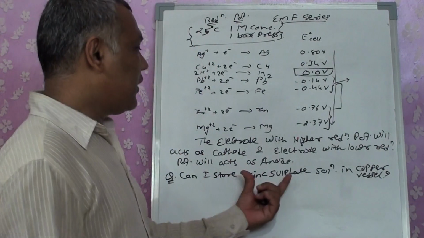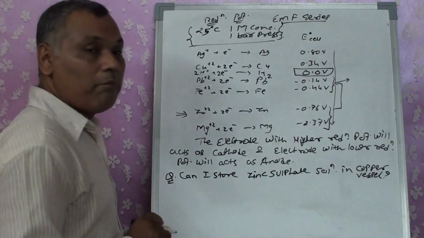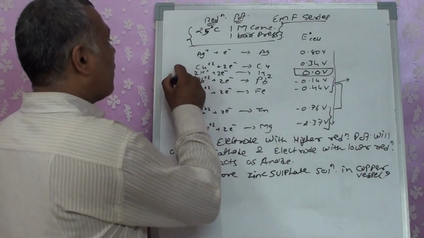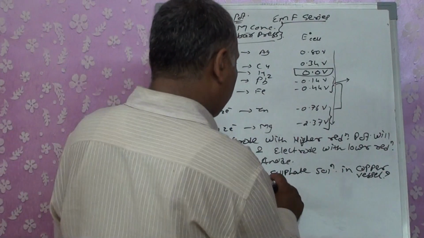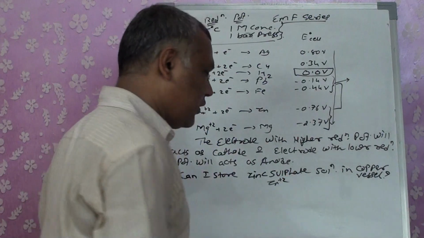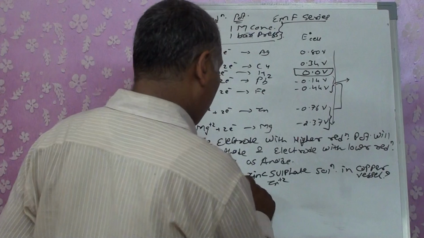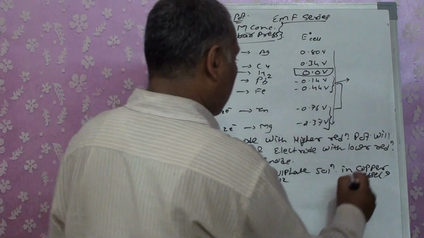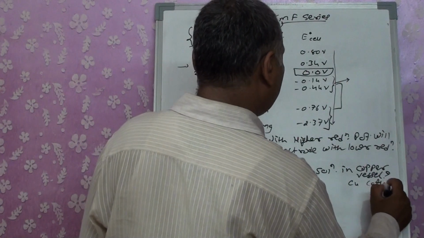Now in this case what happens? Zinc is having minus 0.76 volt. Copper is having 0.34 volt. Now what does it show? Zinc is already in the +2 oxidation state, so it's already dissolved and it's going to act as anode. And copper is already solid and it's going to act as cathode.